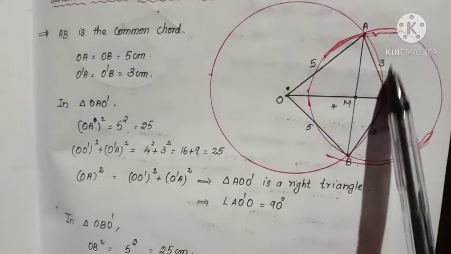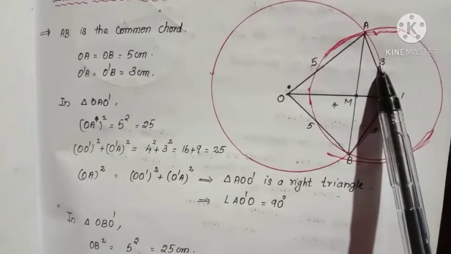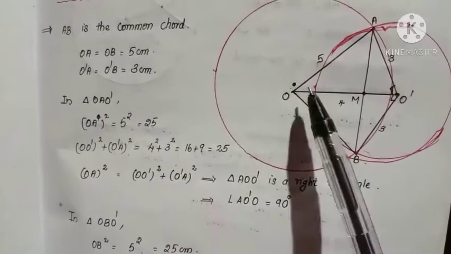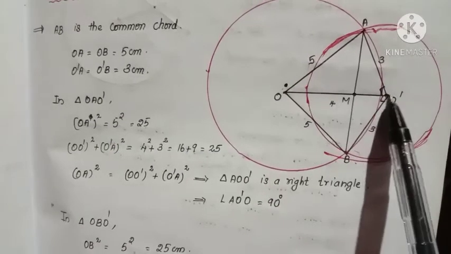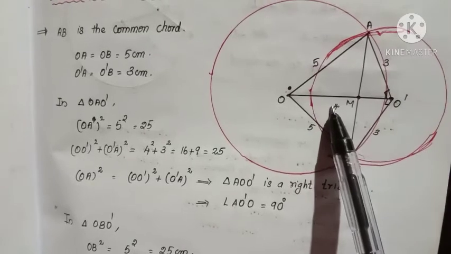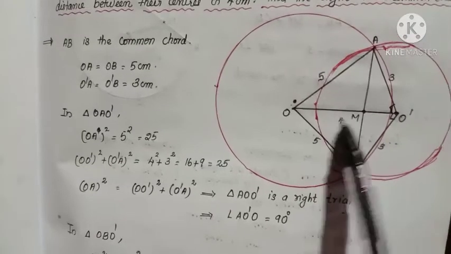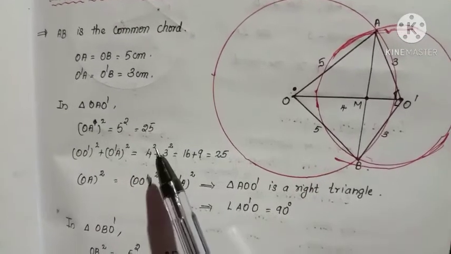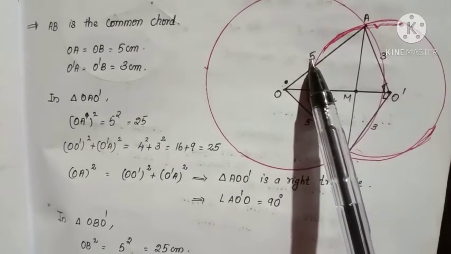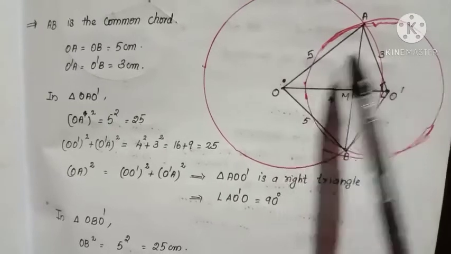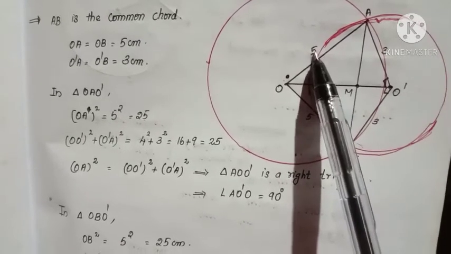Then O'A square is 3 square, that is 9. Now OO' square: the length is given as 4. So 4 square plus 3 square is 16 plus 9, which is equal to 25.